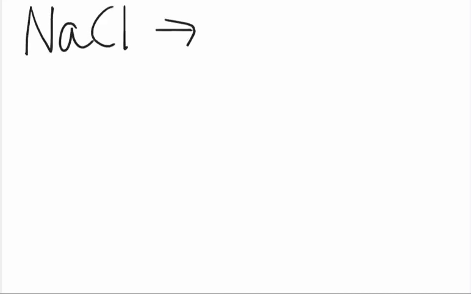As I mentioned, it's a little bit different with ionic compounds because it depends on the number of particles of solute that are in the solution. And ionic compounds we know dissociate into their ions. So for example, 1 particle of NaCl dissociates into a sodium ion and a chloride ion.